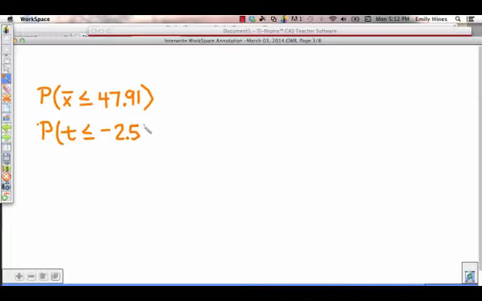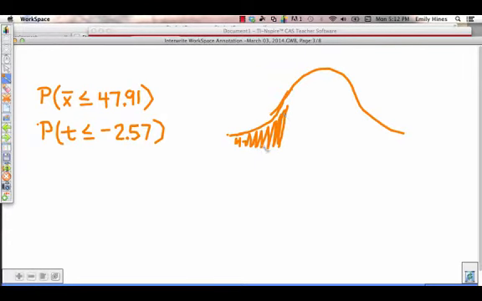The thing I know about t-distributions and the standard normal distribution is that if I'm looking for something on this end that's less than negative 2.57, that's the same thing as having something on this end that's greater than positive 2.57.